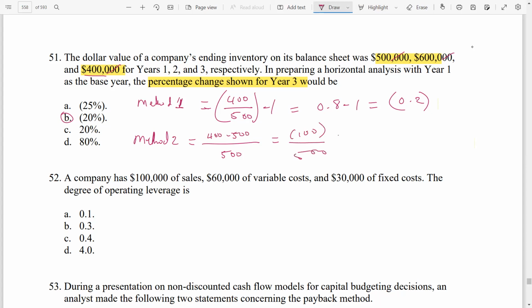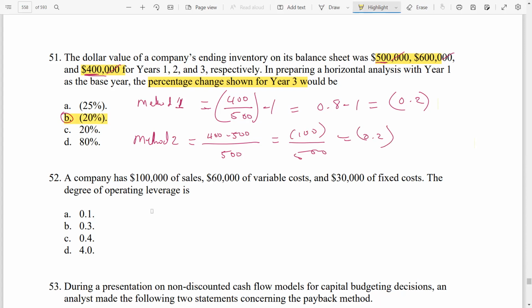That gives 0.2, which is negative. The reason it's negative is we had 500 and now it has decreased to 400. We only need the year 3 number and compare it with the first year number. So the correct answer for question number 51 is B, negative 20%.